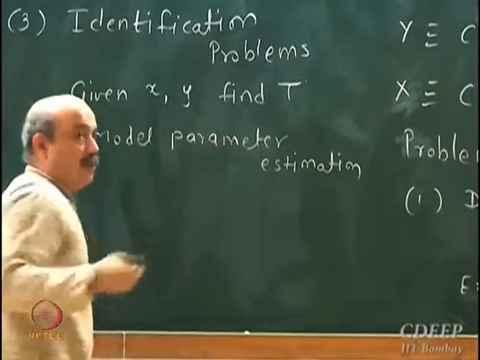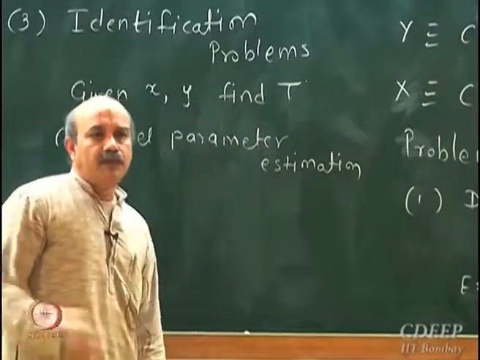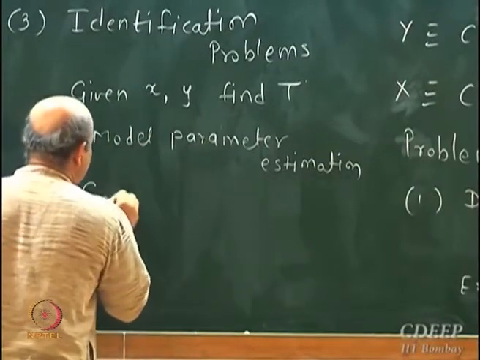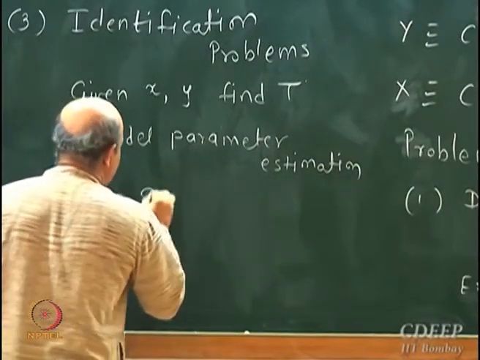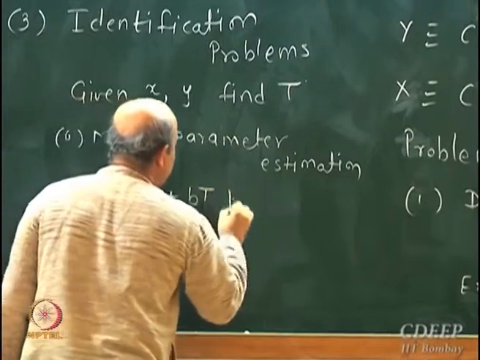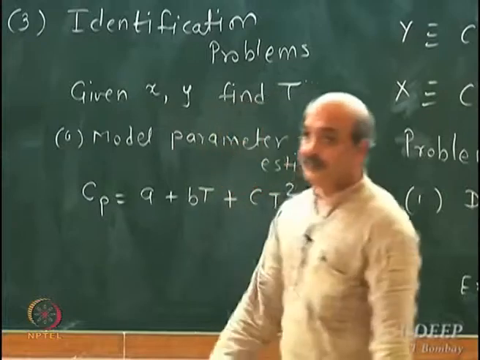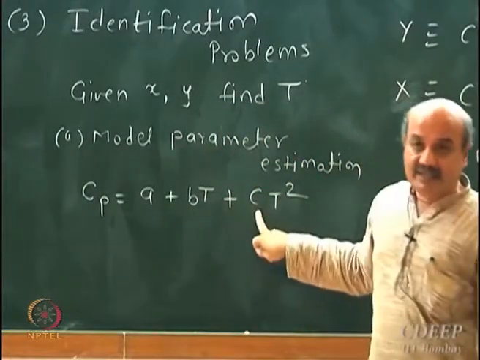Suppose for some particular material, you want to find out Cp as a function of temperature. So you have A plus BT plus CT square. I do not know A, B, C.